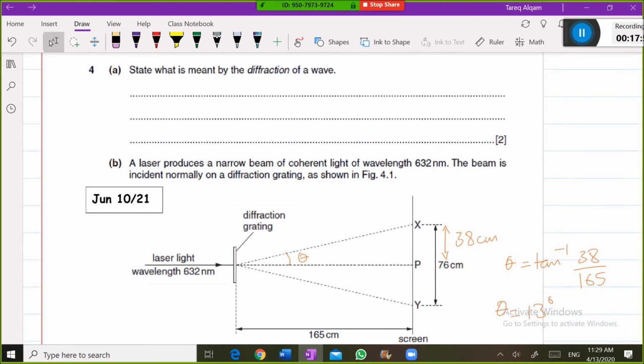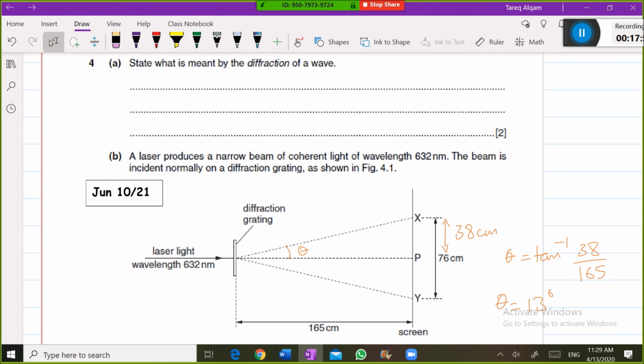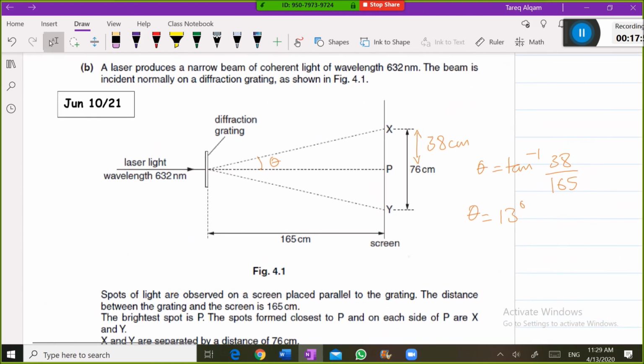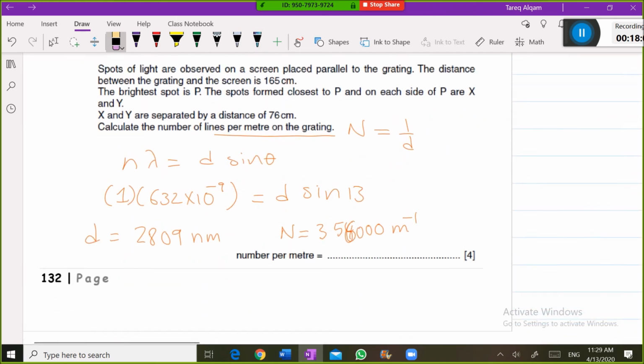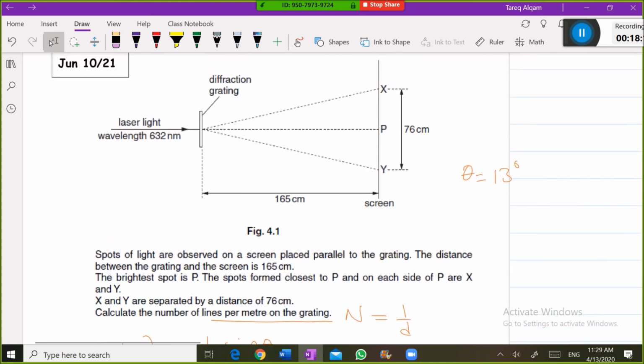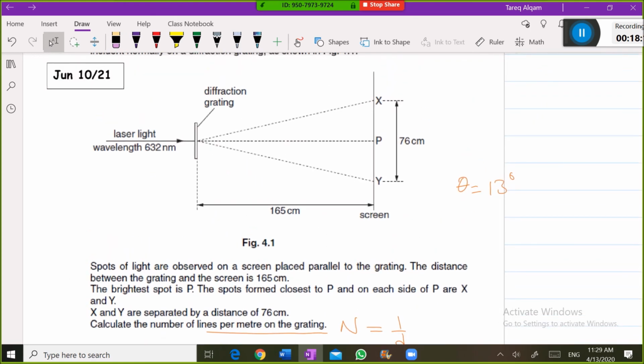Now here, what is meant by diffraction of waves? It's repeated. This is June 10, 21. Here we are given this diffraction grating. We are given dimensions between the first order here and first order here.